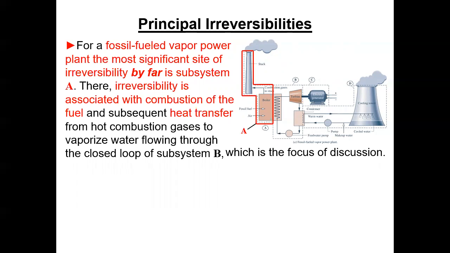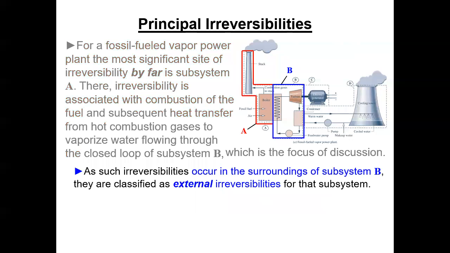So that's where the combustion is, that's where the heat is generated, and then we transfer it into B, which is the Rankine cycle, okay? So as such, irreversibilities occur in the surroundings. The largest, that irreversibility in the boiler, is considered in the surroundings to the Rankine cycle.